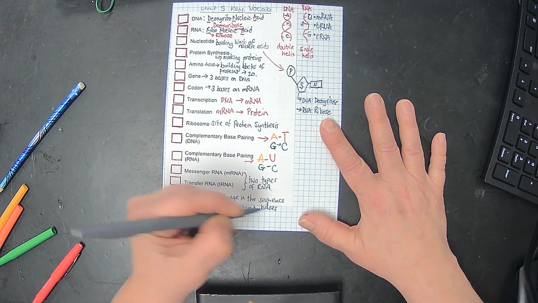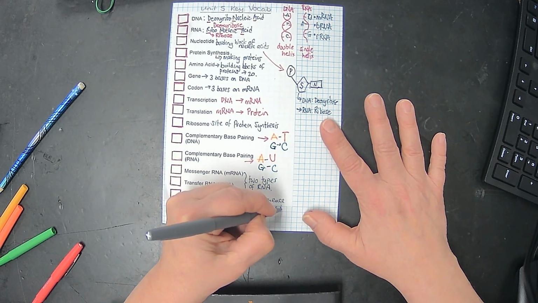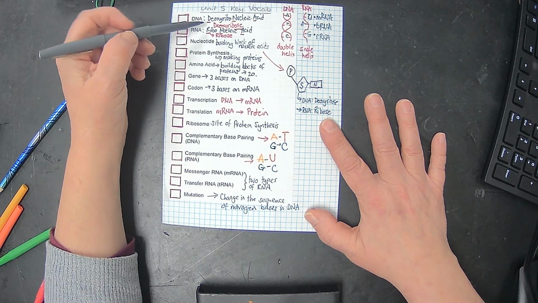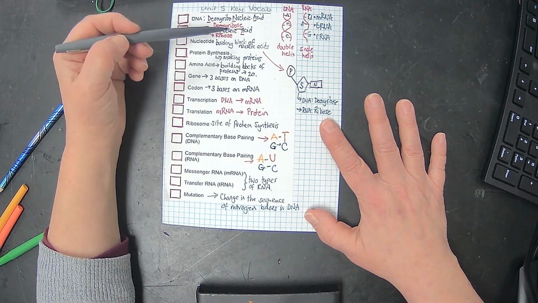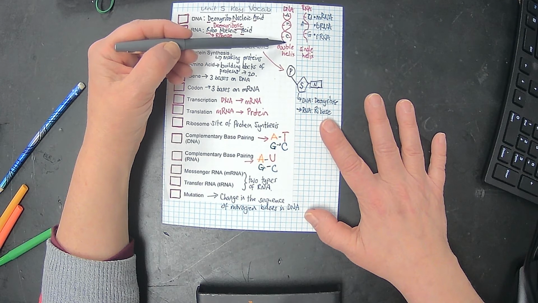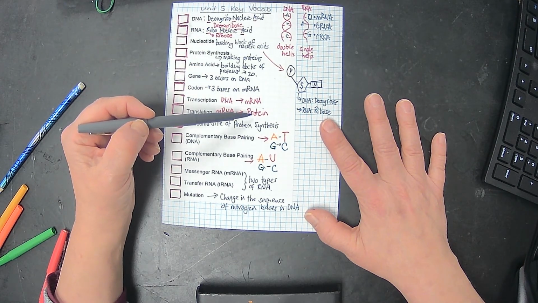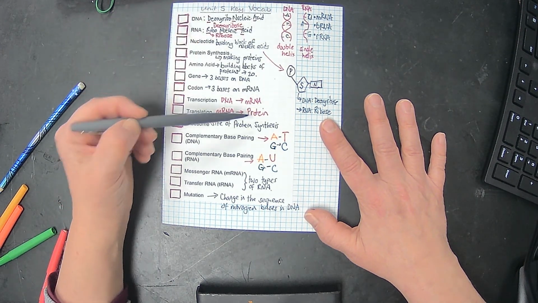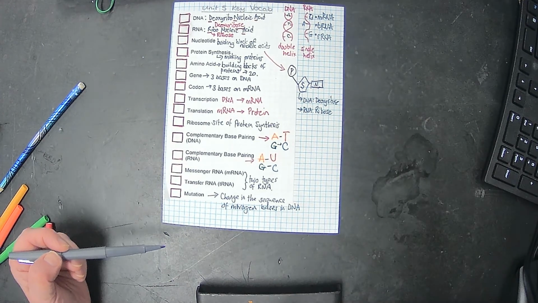Okay, nitrogen bases in DNA. And since we know that the order of those ATGCs ultimately controls the protein that you produce, right? If you change the ATGCs, you end up with a different protein, and that is a mutation.